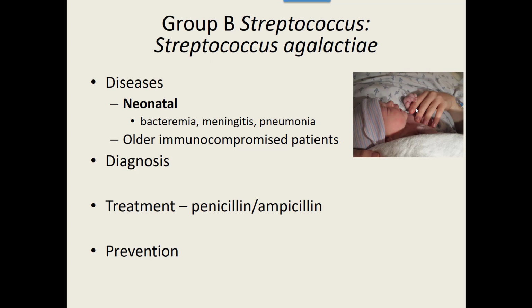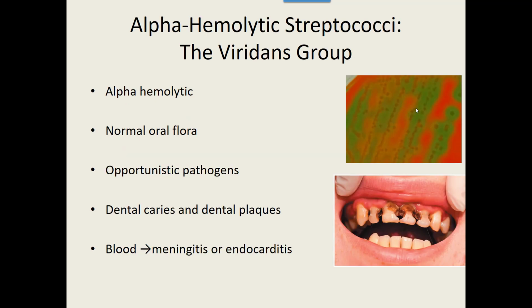Some other bacteria I wanted to go over before I wrap this video up is the fact there is another group of Streptococcus bacteria. A lot of Streptococcus bacteria is grouped based on that Lancefield classification, whether they have those A antigens or B antigens, but there is another group of Streptococcus bacteria that don't have A antigens or B antigens, and so they get their own separate group.